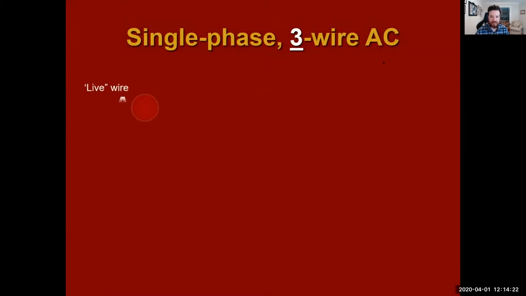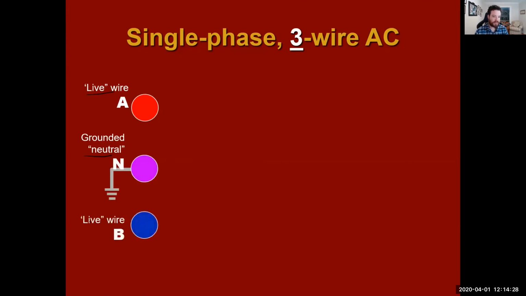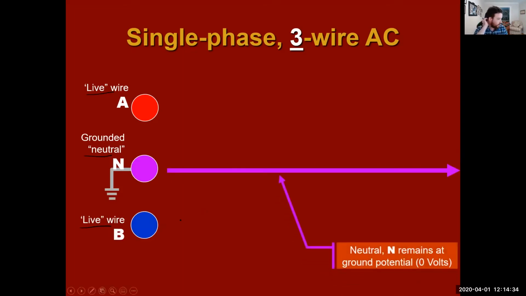So single phase 3-wire AC. So we have a live wire A, we have a ground, and then we have a live wire B. We still have our ground, which is our neutral, 0 volts.